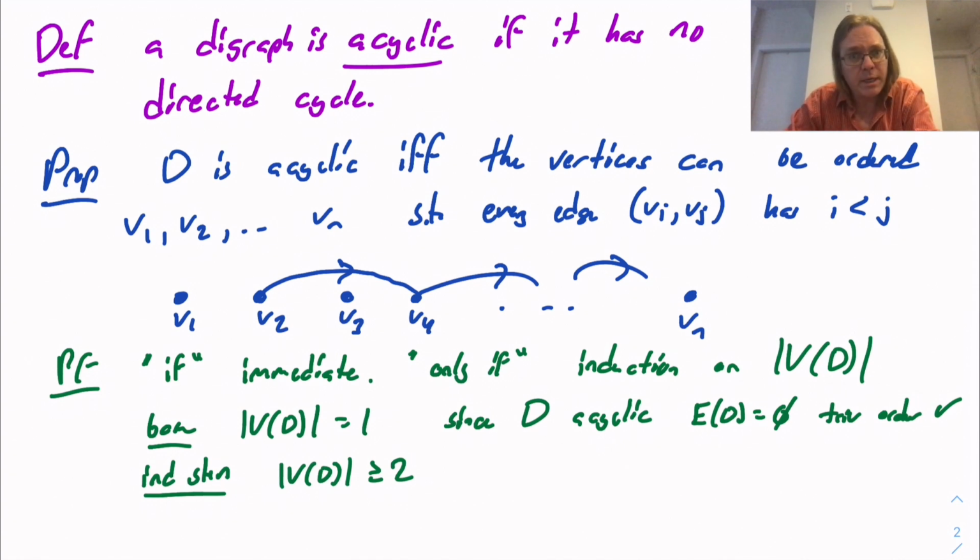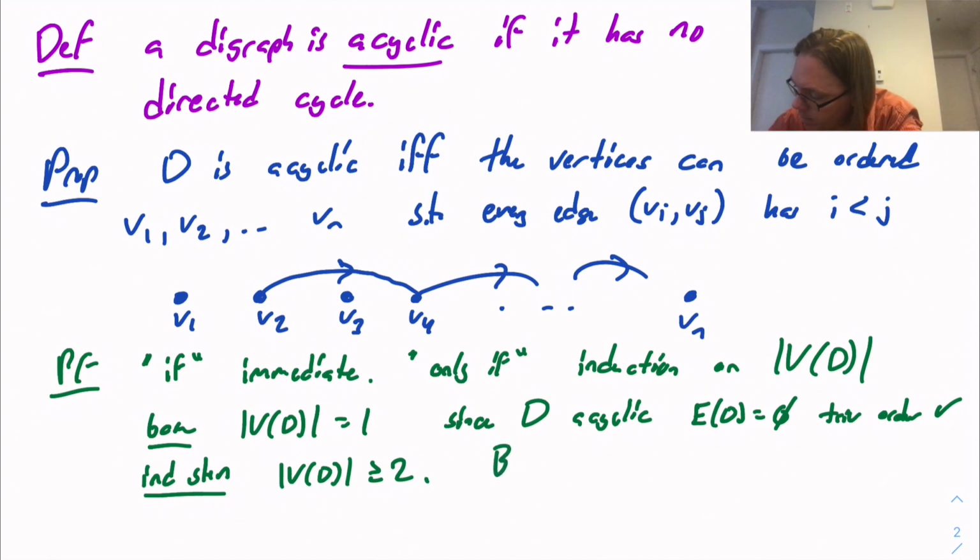But I want to pick a good vertex to delete, and now's where the observation from the previous lemma comes into play. The previous lemma, I proved in the forward direction: if every vertex has out-degree at least 1, then you have a directed cycle. But the contrapositive says that if you have an acyclic digraph, there is a vertex with out-degree 0.